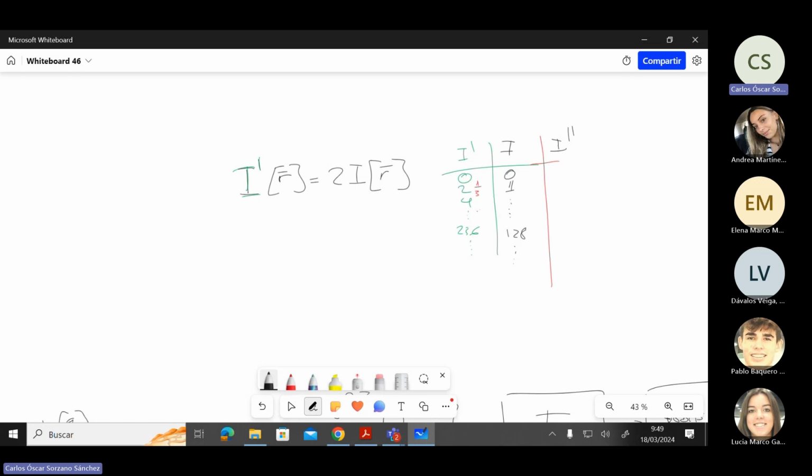And I second is half of I prime. And why do I have that? Because if I want to go to this half, we will have to think about the factors.